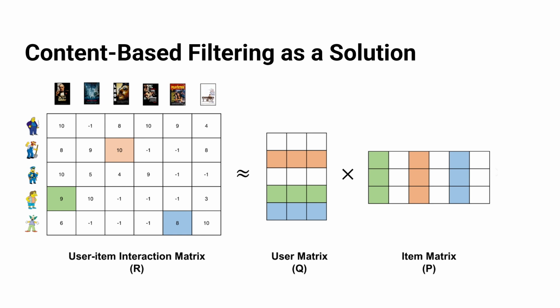To address the cold start issue, we can use content-based filtering as a solution, which generates recommendations by creating profiles for each item using attributes like genre, date, actor, or any other keyword based on the metadata of items the user has shown interest in the past.